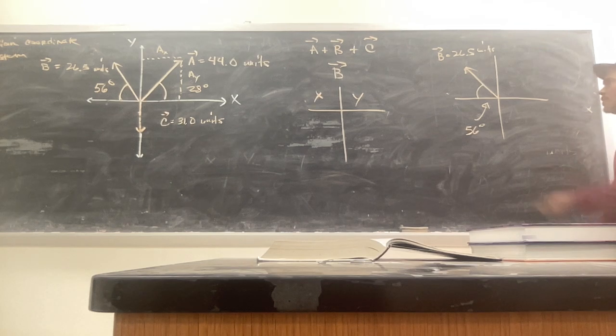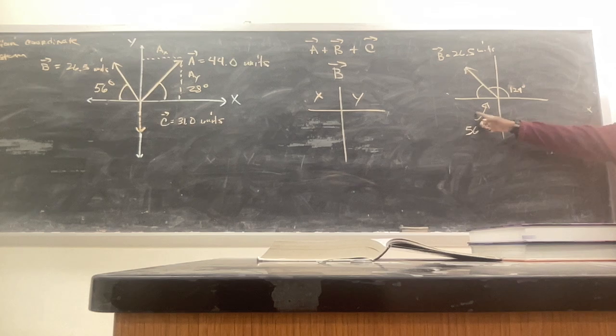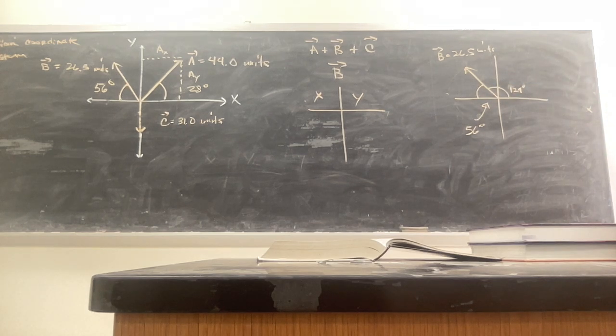So we could write it as 124 degrees, or we can say 56 degrees with respect to the negative x-axis. Or if we say 124 degrees with respect to the positive x-axis.